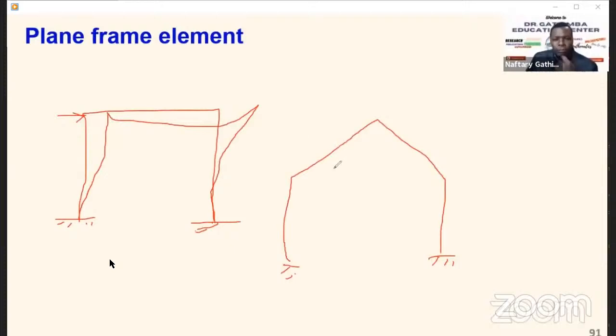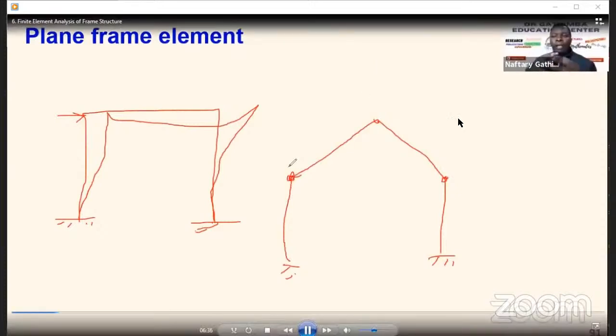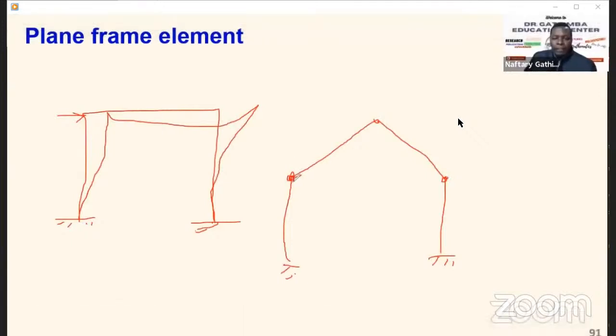In this case, for the frame, remember for the truss we assumed these are pin joints. But now for the frame, these are rigid joints. When they are pinned joints, no moment develops because we have free rotation. But when the joint is rigid, it's fixed, which means moment will develop at these edges.